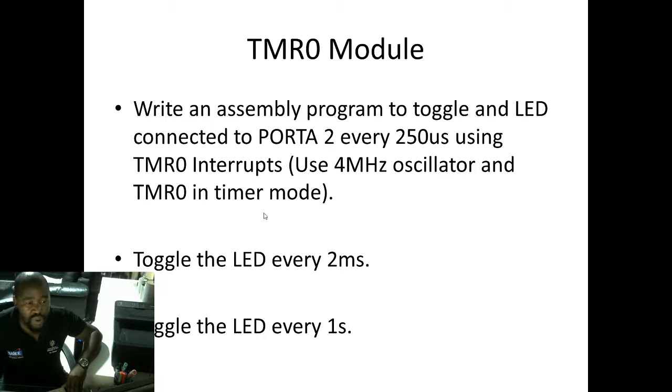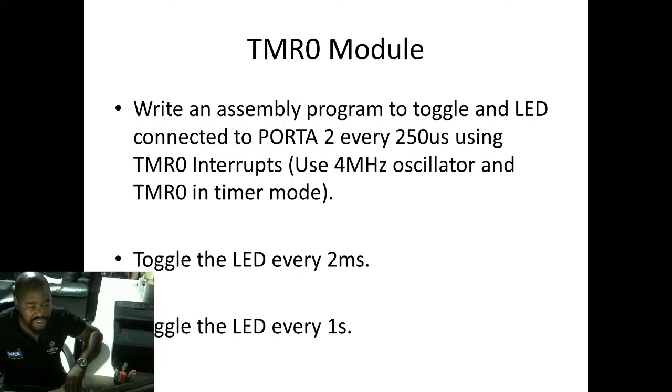If timer 0 was in counter mode, the clock source was not going to be F oscillator divided by 4. The clock source will be a frequency directly connected to pin RA4. Pin RA4 on port A will be the clock source for timer 0 if it is used in counter mode, right? But this time we're using it in timer mode, so the clock source for timer 0 is F oscillator divided by 4, right?